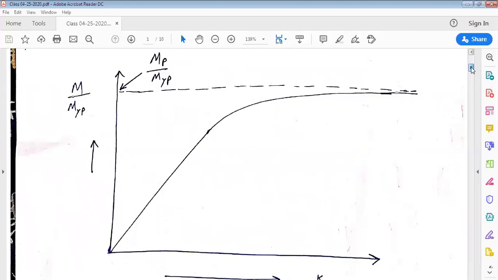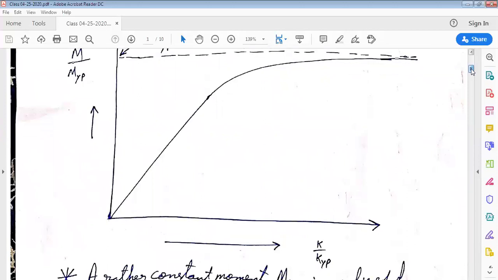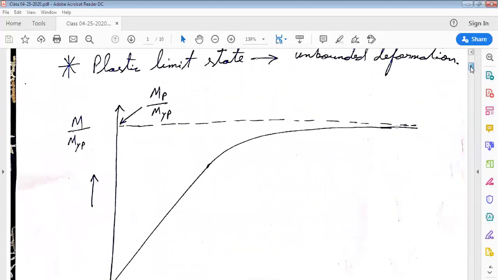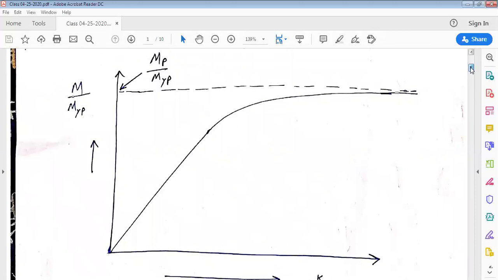Now this graph, you can see, approaches MP by MYP when the curvature ratio is very large, and it tends to become stable at MP by MYP, although the curvature ratio is increasing and is very large. So there is a limit to moment which the structure experiences during plastic deformation. And that limiting moment is the plastic moment MP.